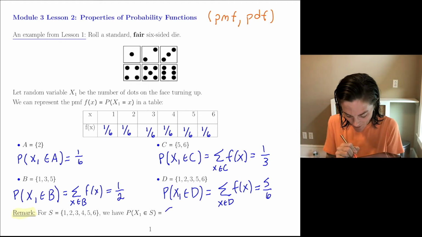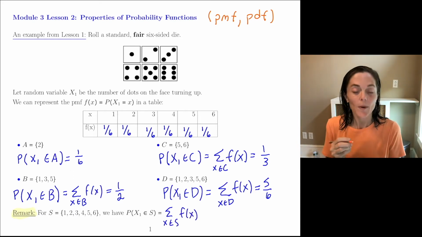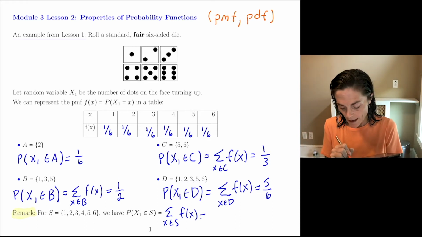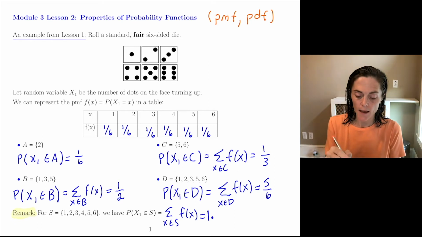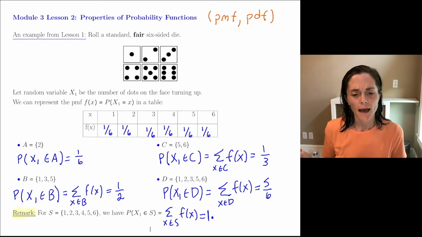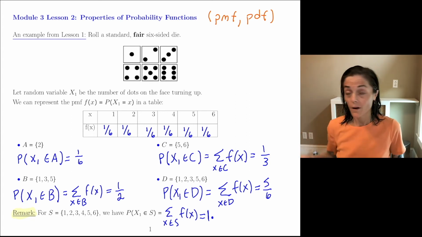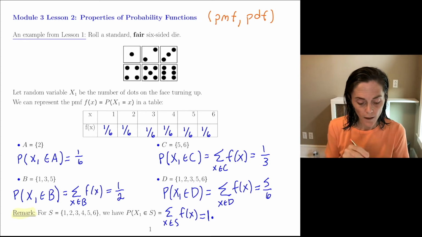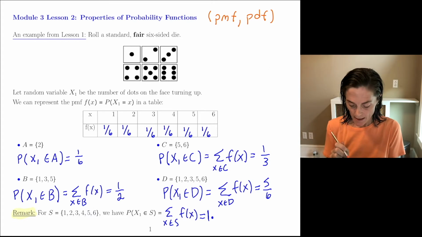Let's add up over all of the x in S. But you notice we're adding up 1/6 six times. This is 1. Now, of course, this makes sense. This is just saying what's the probability that you get one of the faces, 1 through 6, when you throw a die and you look at what's landing face up. Well, this happens with probability 1, of course.